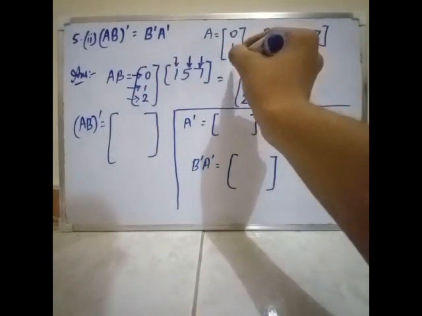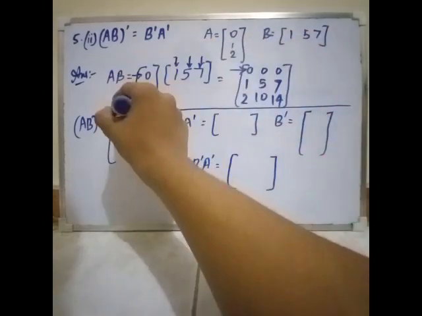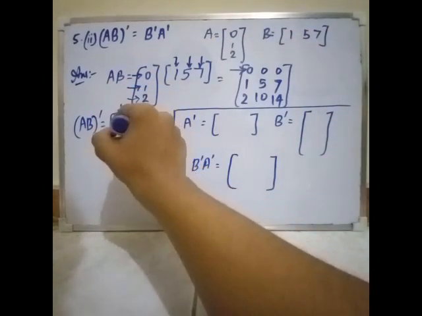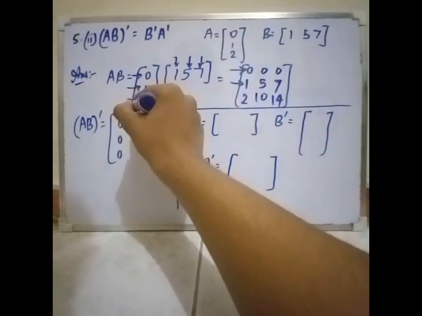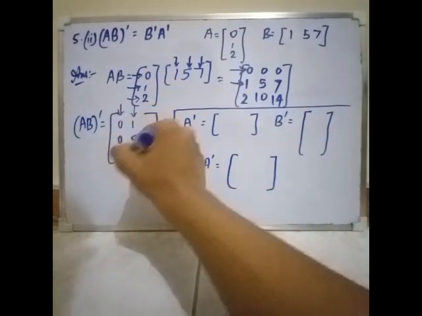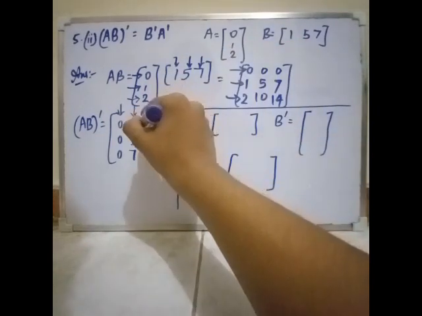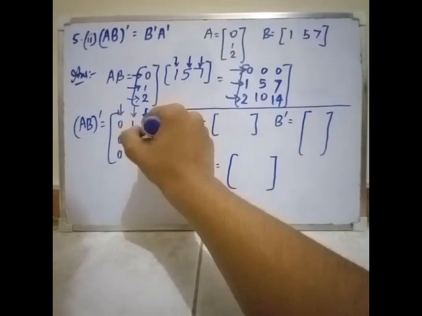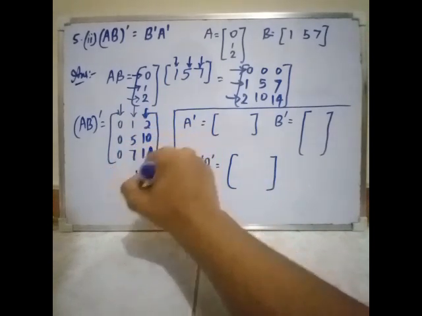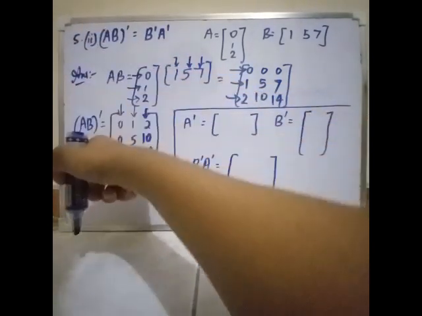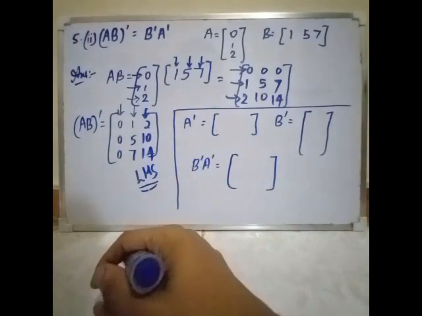Now we have to take the transpose. So first row becomes the first column for the transpose, second row becomes the second column, and third one becomes the third column, right? So if you check, this is our left hand side, (AB) the whole dash we have thus found out.